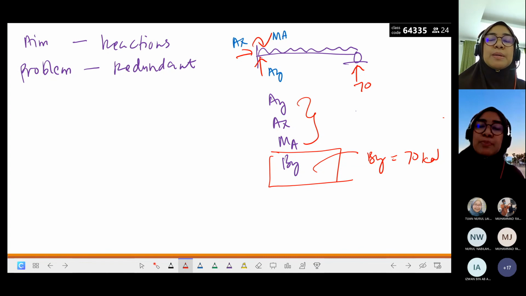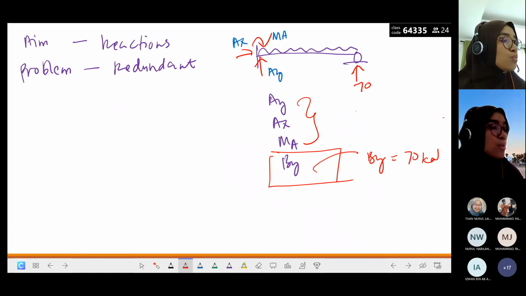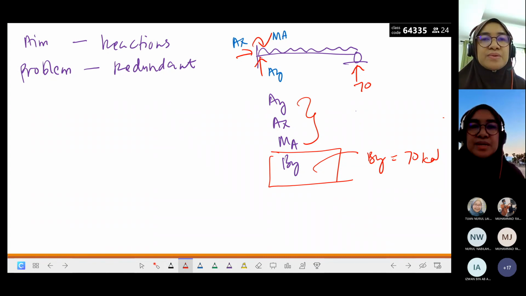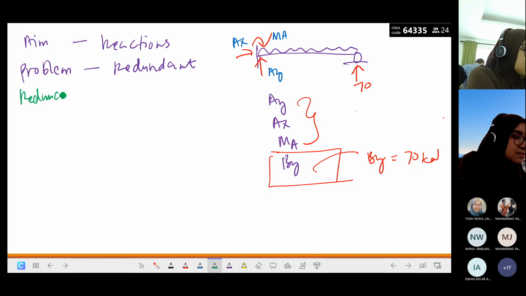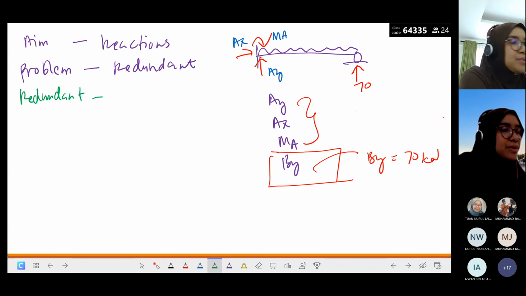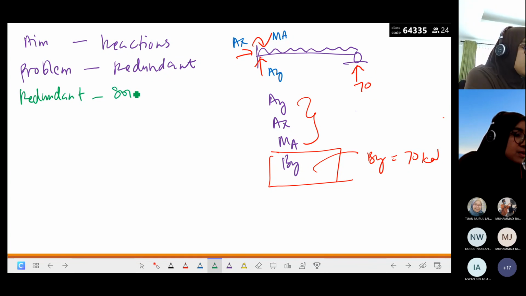So what is the problem? The problem is due to the redundant. So what do we need to do with the redundant? We have to solve the redundant, using what we call the compatibility equation.